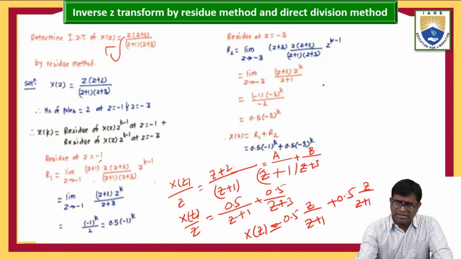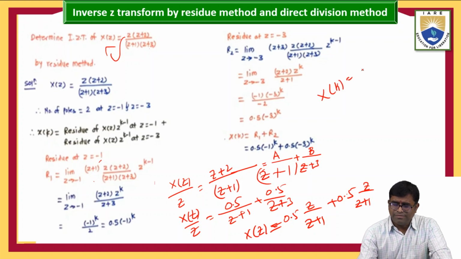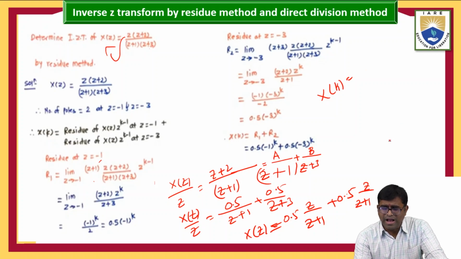That is, we get x of k equal to, generally the formula is, if you have a to the power k, its z transform is z by z minus a.